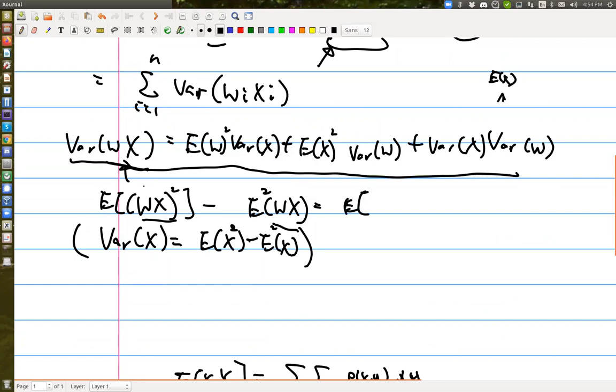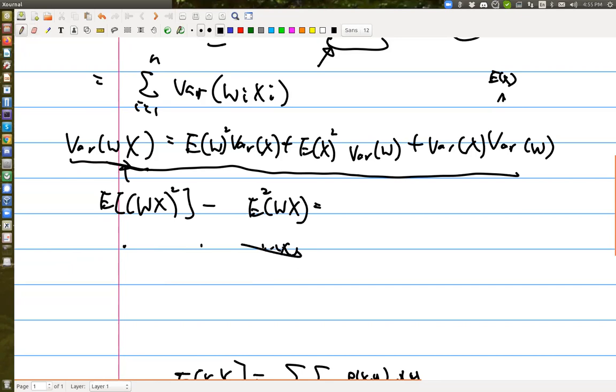So maybe I first write this as the expectation of w squared x squared here. Now w and x are independent, so w squared and x squared will be independent as well, right?